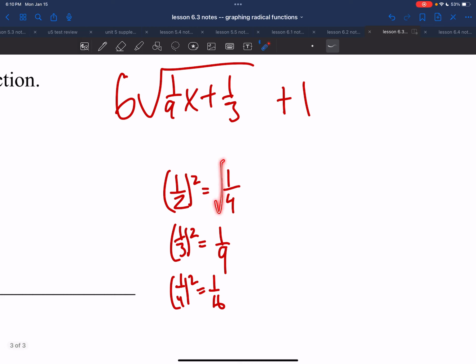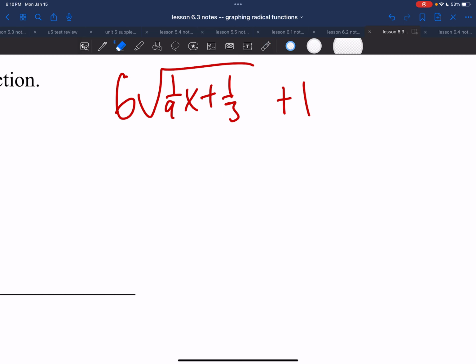If I take the square root of these, I get a rational value, and that's nice. So because you see a 1/9, we're going to factor out 1/9. 6 root 1/9, and so this will be x.